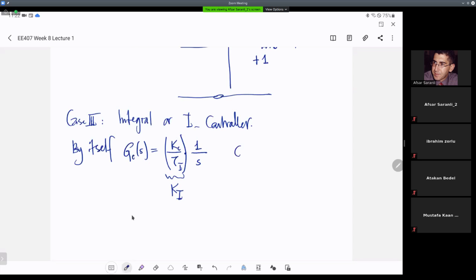So Gc of S times G of S becomes simply Ki over S times S plus 1, S plus 2.